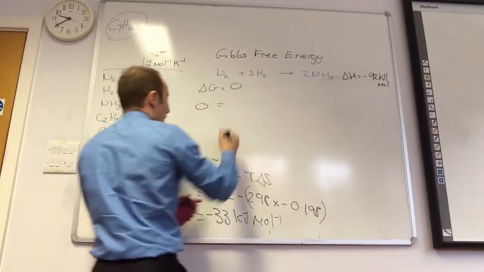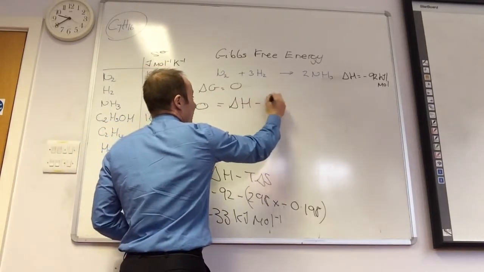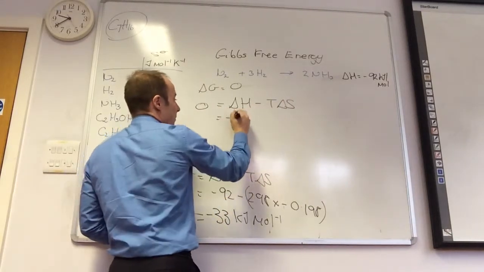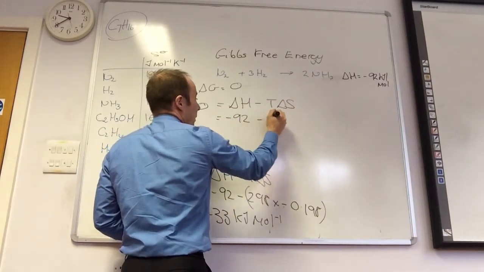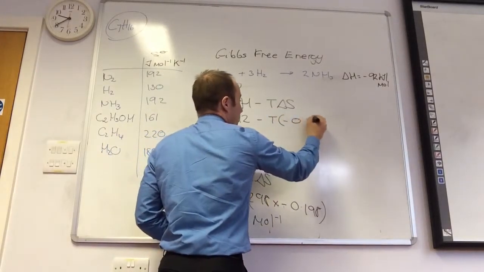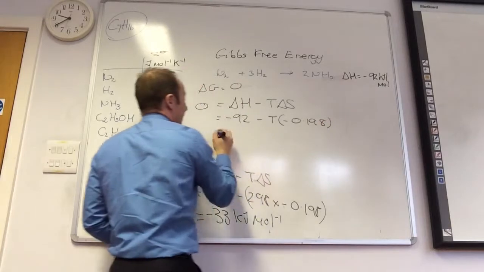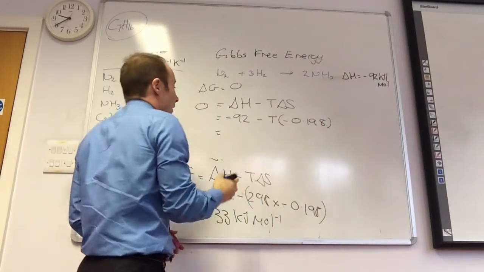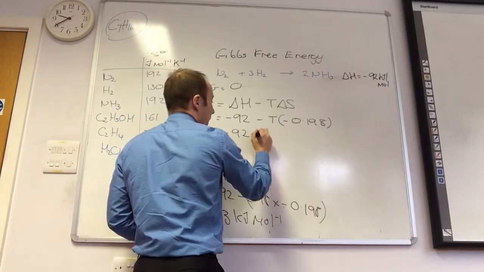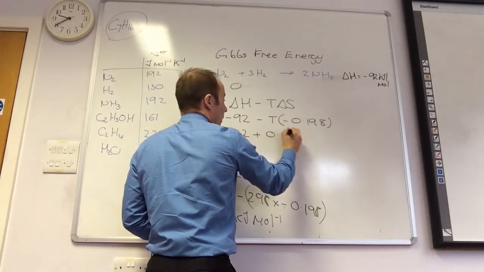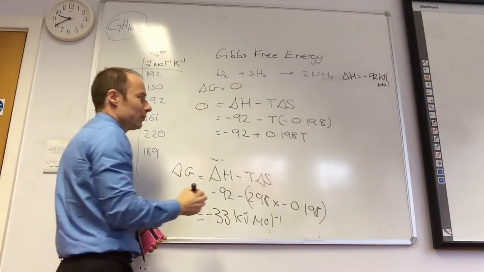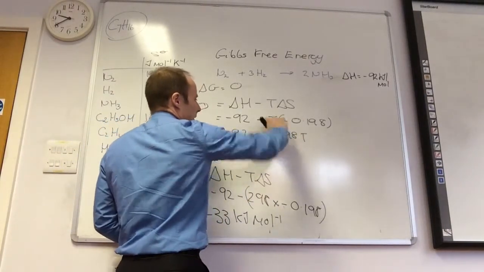So 0 equals delta H minus T delta S. Delta H is minus 92, minus the temperature times delta S, which is minus 0.198. So minus 92 plus 0.198 times T, because I've got a minus and a minus there.